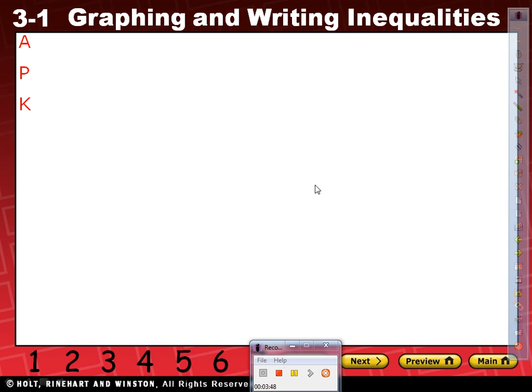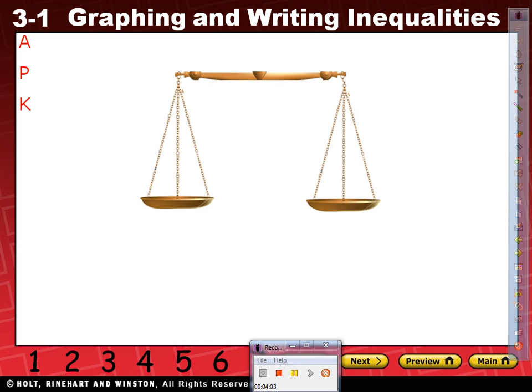Oh, before we get to the table, pens down, please. So here goes the introduction again. I remember when we got to equations, I introduced equations using scales. And I said the reason they're called equations is that the scale has to remain balanced. That's why whatever we do to one side, we have to do to the other side in order for it to remain balanced.